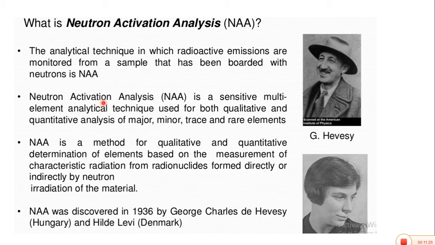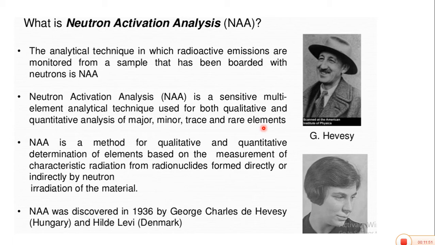Neutron activation analysis is a sensitive multi-element analytical technique used for both qualitative and quantitative analysis of major, minor, trace and rare elements. One thing should be in your mind: you have studied atomic absorption spectroscopy, which is a uni-elemental analytical technique.